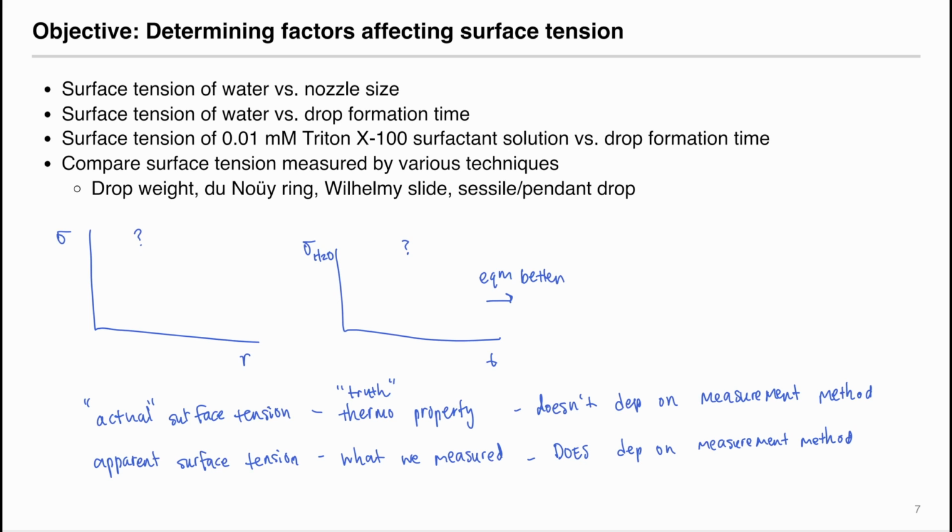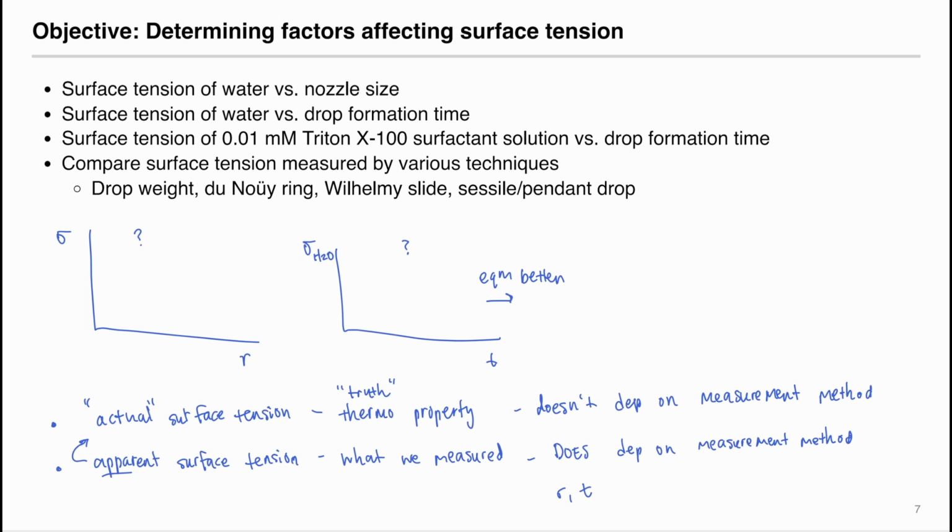In this case, we're exploring how the apparent surface tension will depend on the nozzle size. So let's write nozzle size R and the drop formation time T. We have to keep in mind that these are different. We want to compare how the apparent surface tension changes and compare it to the ground truth actual surface tension tabulated.